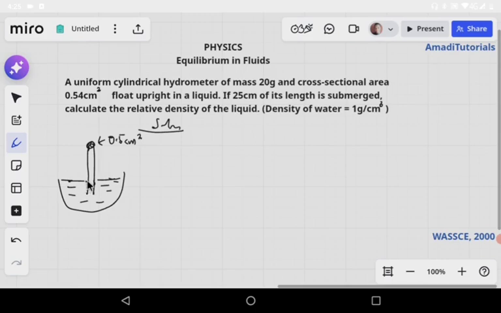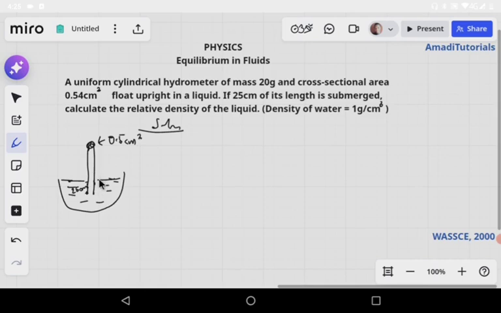That means from here to here is 25 cm. That's the length that has been submerged. So we have to calculate the relative density of this liquid, not the hydrometer.